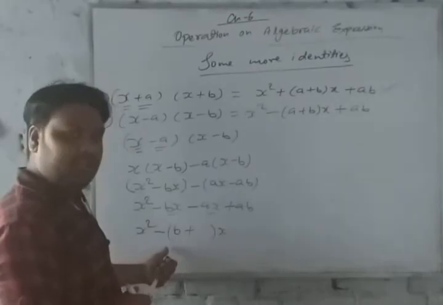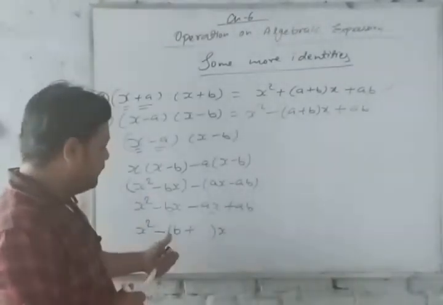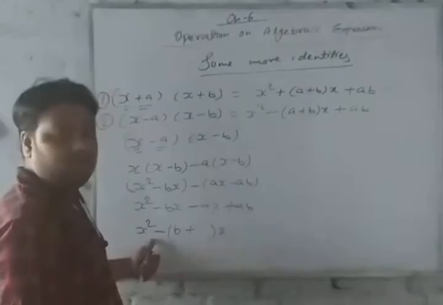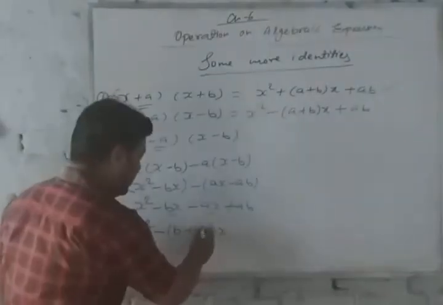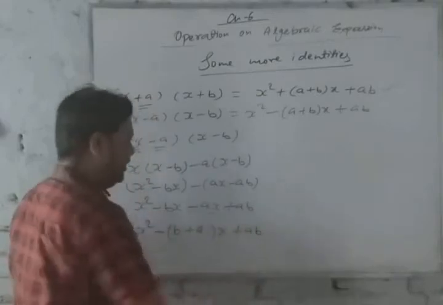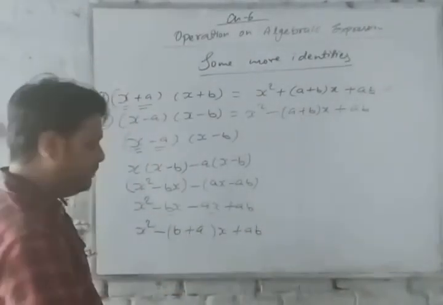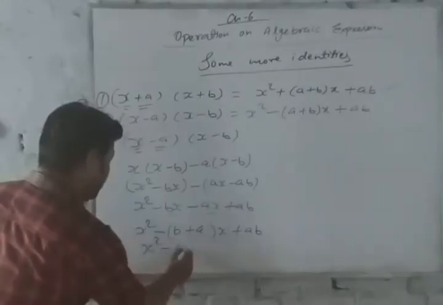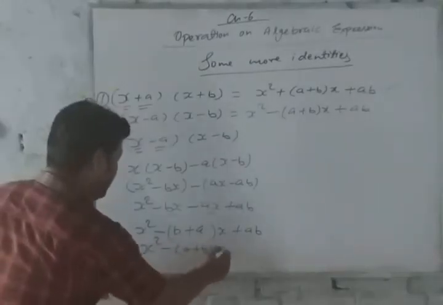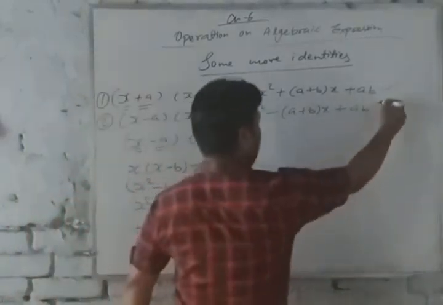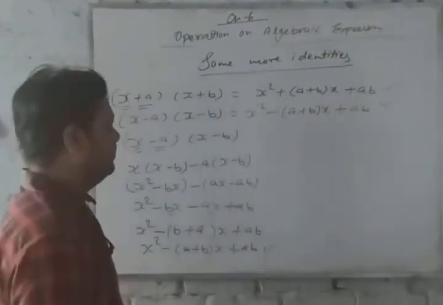If outside there is minus and you keep it in bracket, then the sign will change again. So b plus a means a plus b: x square minus (a plus b) x plus ab. Now you can see that both are the same.